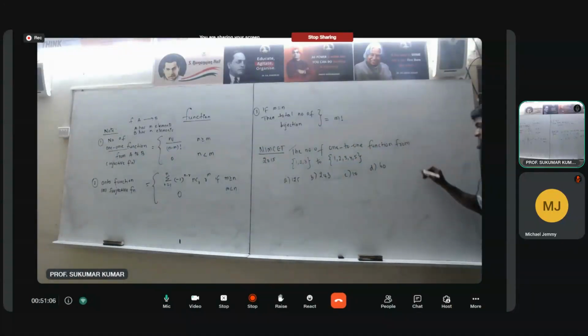See, we have 1, 2, 3, and we have more than one element, 1, 2, 3, 4, 5. Maybe from here to here, one type of one-one function. Or we can say this one is mapped to 4, another function, or this one mapped to 5.